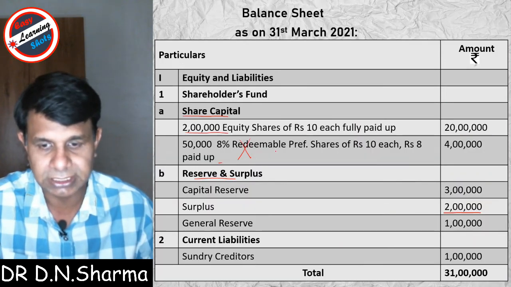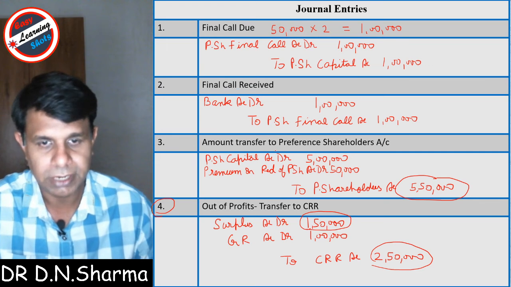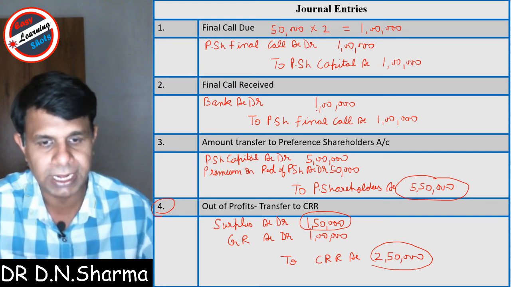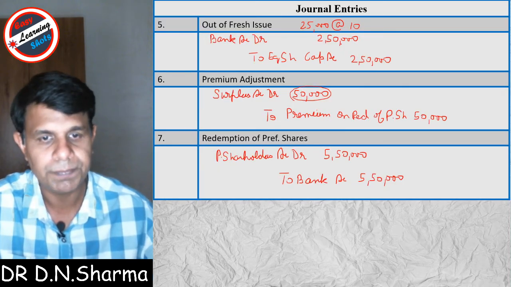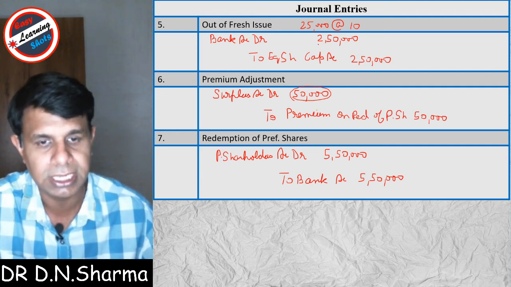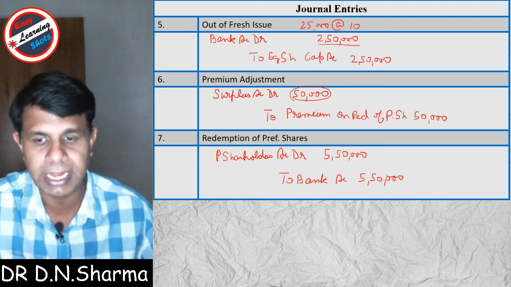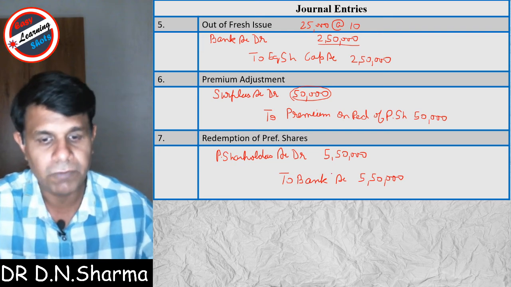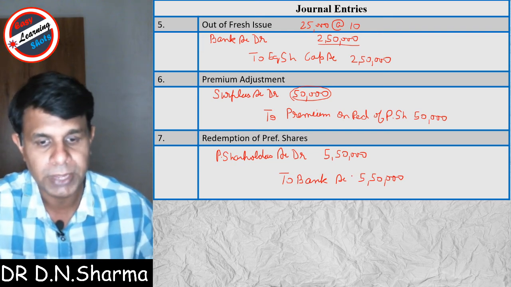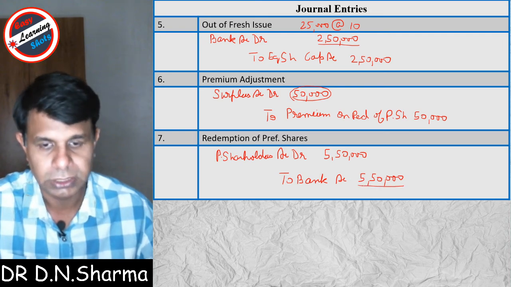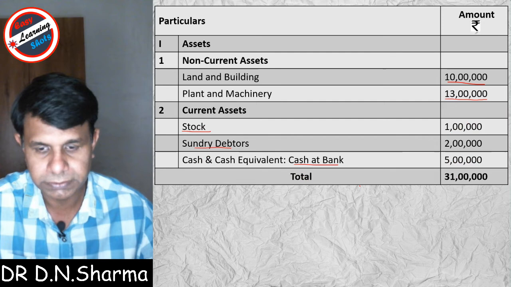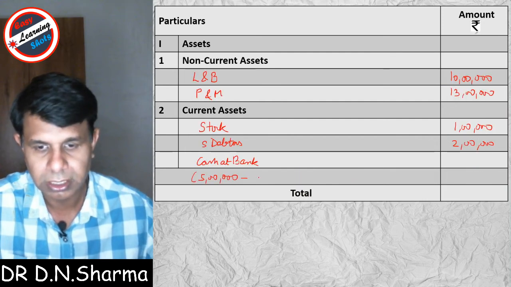So we see the general entries here. In our second entry, we have a bank balance because we receive the final call amount of 1 lakh rupees, and in the fifth entry, we receive the amount from equity shareholders by issuing equity shares, that is 2,50,000, and in our seventh entry we pay to the preference shareholders. So here the bank balance is reduced by 5,50,000. So we balance this amount and write the balance in cash at bank.